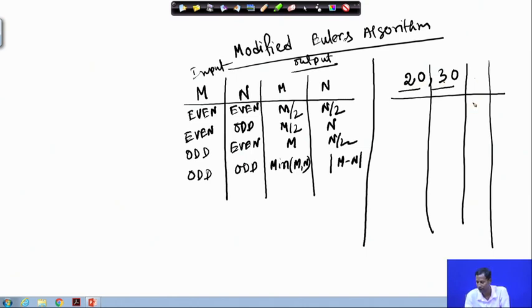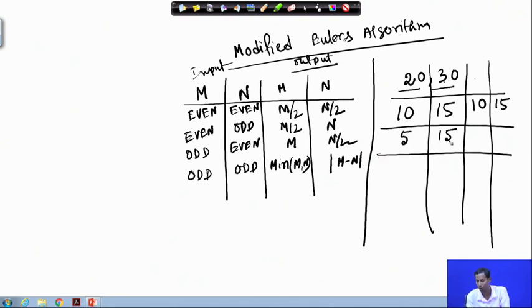So, in the next step it will be divided by 2, so here it will be 10 and 15. Then, here m is even and n is odd. So, in the next step this will be 5 and this will be 15.